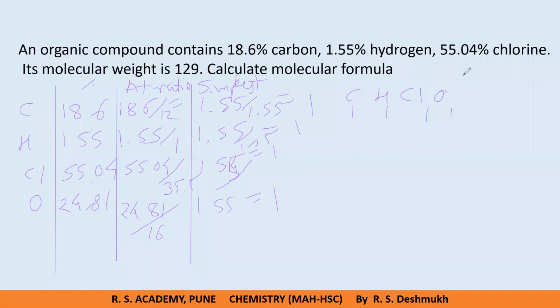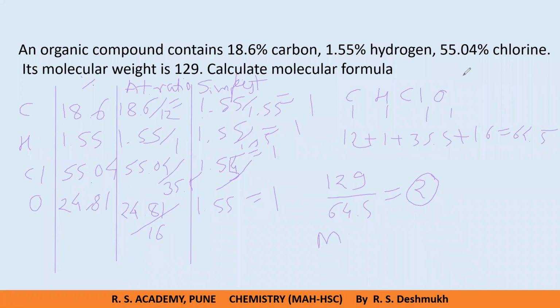Now I have to find out the empirical weight. Empirical formula weight is 12 plus 1 plus 35.5 plus 16. So it comes out to be 64.5. Now I have the molecular weight upon empirical weight. Molecular weight is given as 129 divided by empirical weight 64.5. So it comes out to be 2.